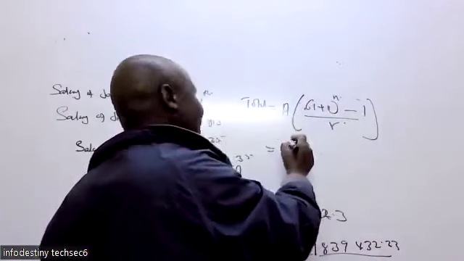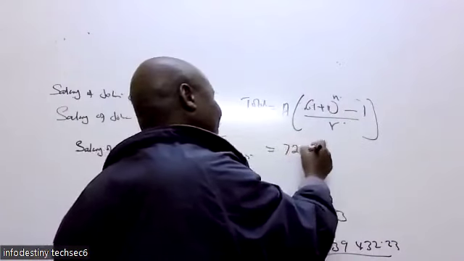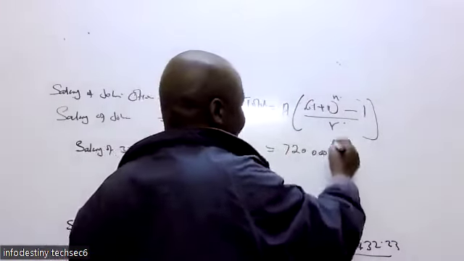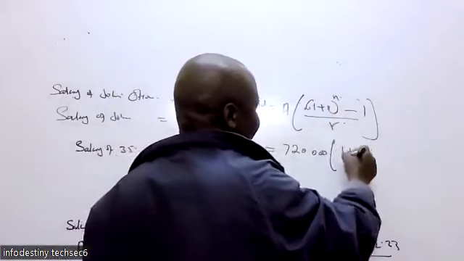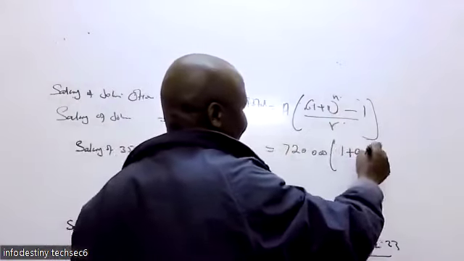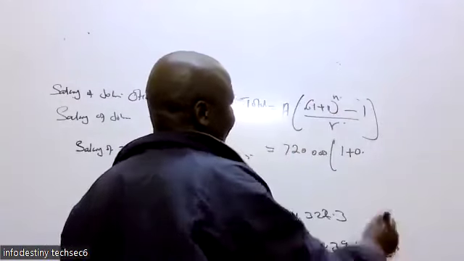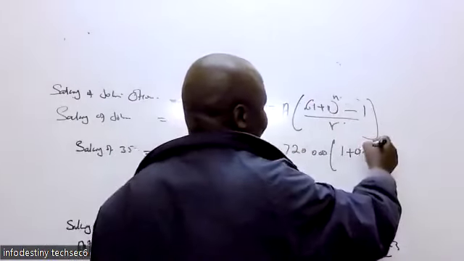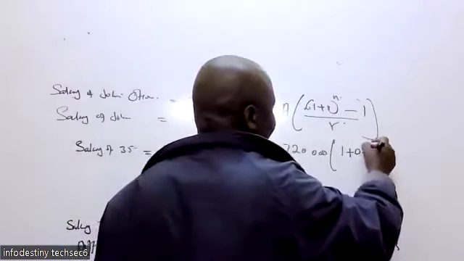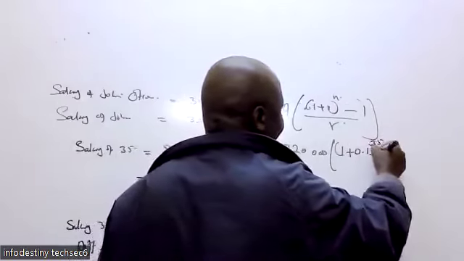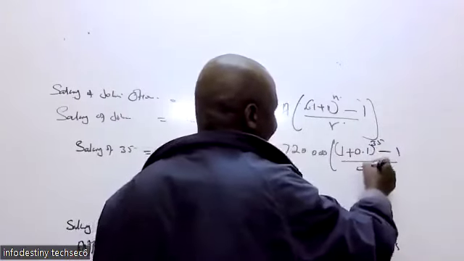Now, this is going to be 720 into bracket 1 plus 0.1 raised to 35 minus 1 over 0.1.